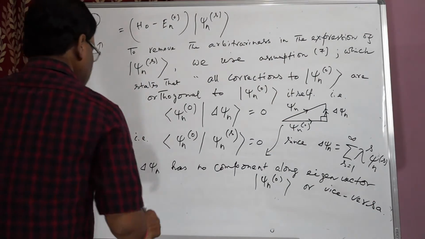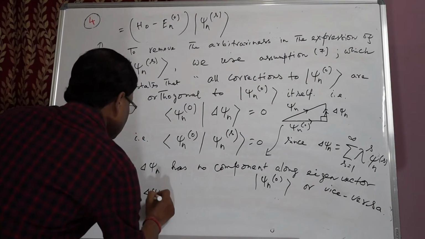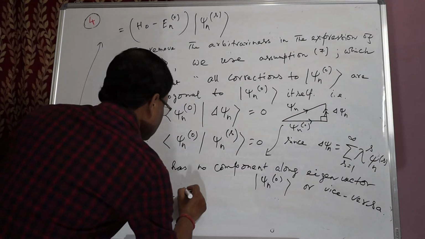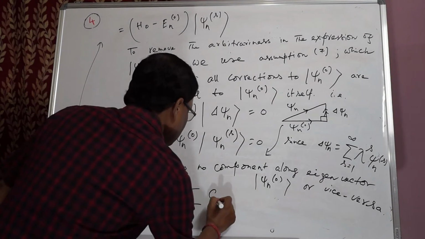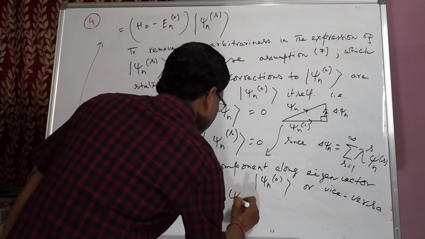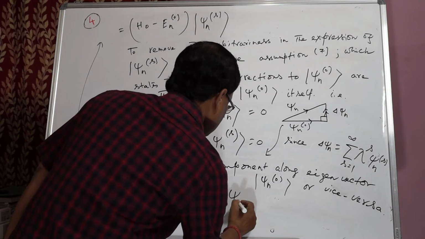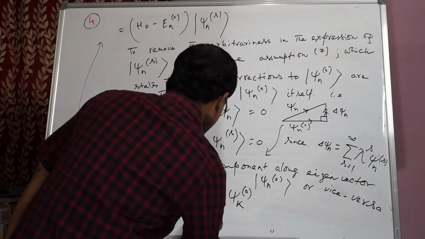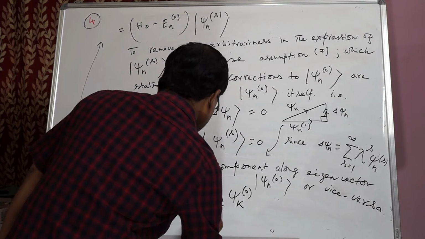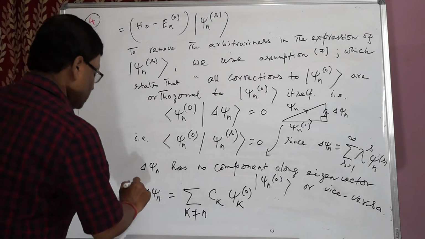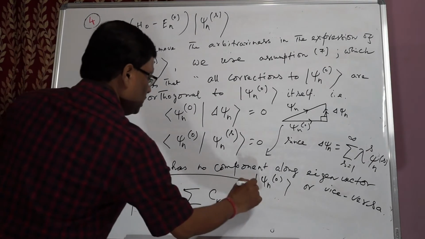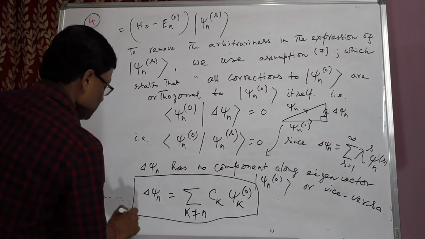That means I can express del psi n like this, where k is not equal to n. So this is the origin of this expression.